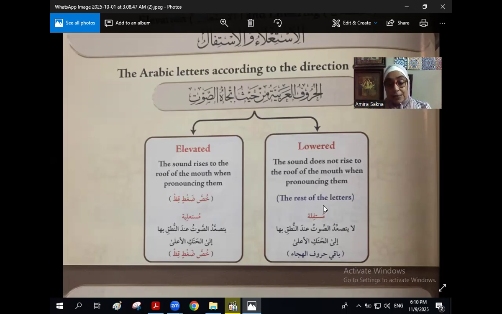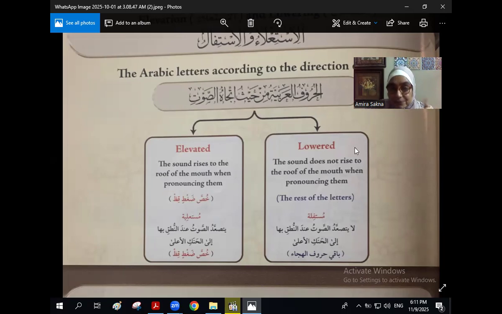Angel Jibreel, when he descended with the Quran upon the heart of our Prophet Muhammad sallallahu alaihi wasallam, may the peace and blessings of Allah be upon him, didn't tell him, this is the Quran and this is the Tajweed. No, it was pure Arabic, and then the scholars began to study how they were pronouncing each letter. Okay, this is very important to understand. So this is very logical.